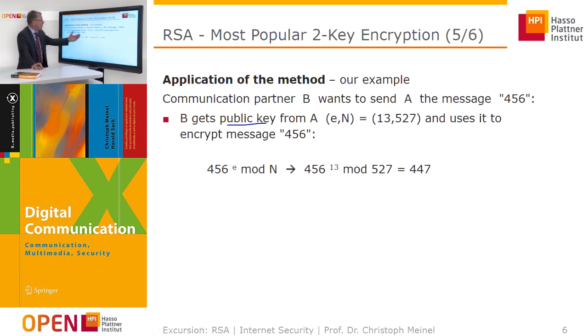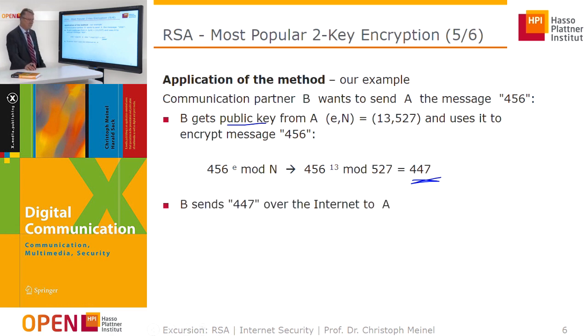Encryption is easy by computing 456 to e modulo n, and if you compute this, the cipher of 456 is 447.